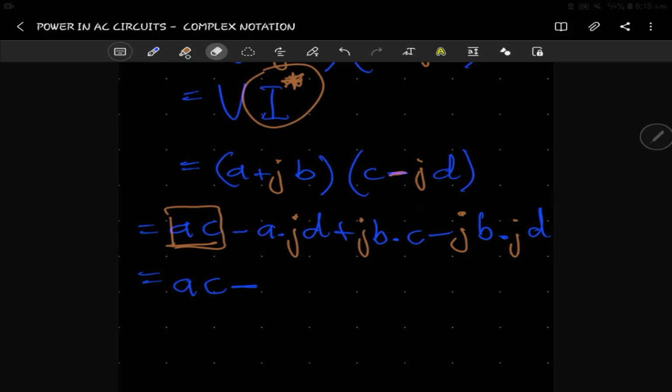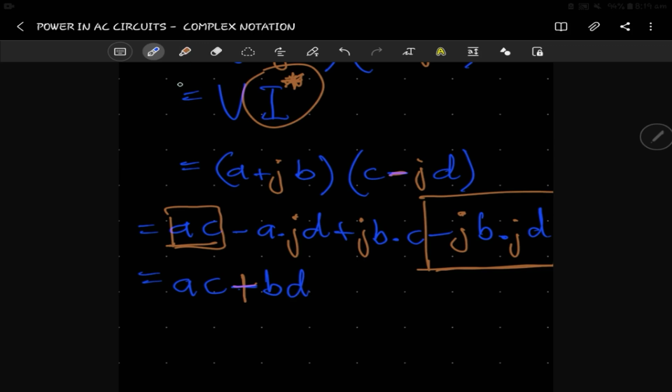So we have AC here, and this negative is what we bring here. But when we multiply this JJ, we get a -1 as we saw, so that makes the negative become positive here. So here's positive now, and we end up getting B and D.